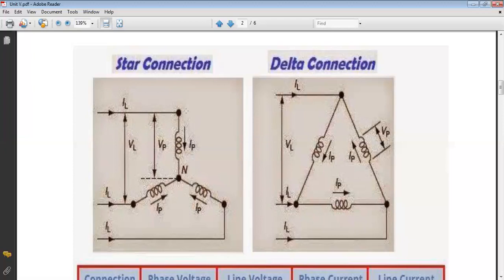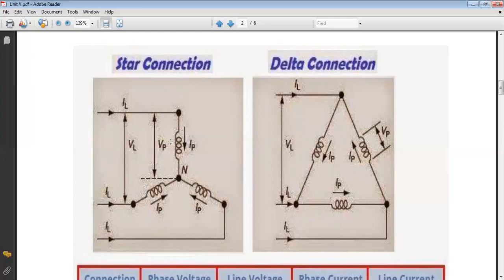If you mention those terminals as a starting point and the ending point, now if you short all the three similar terminals, then it will be a star connection.